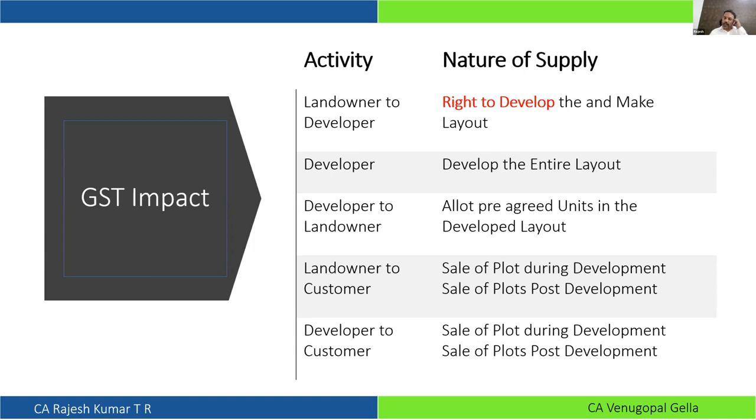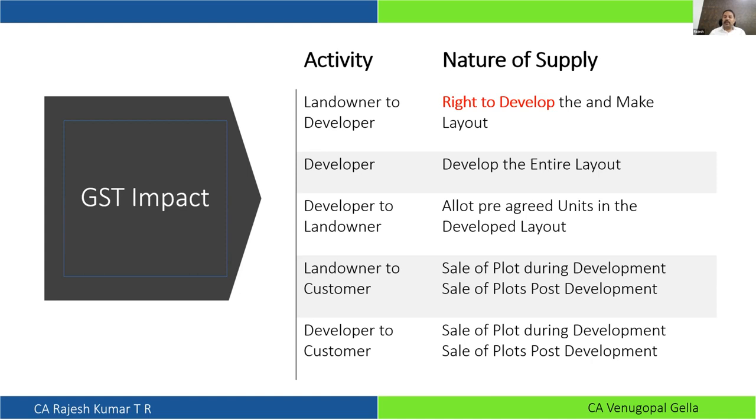And also recently there has been an advance ruling. I think Venu, after this slide, is going to take over and explain that in detail. There, in fact, they refer to the definition of a sale in the Transfer of Property Act and try to explain that sale will include not only the full consideration being paid, even part consideration paid or agreed to pay will also be considered as a sale.